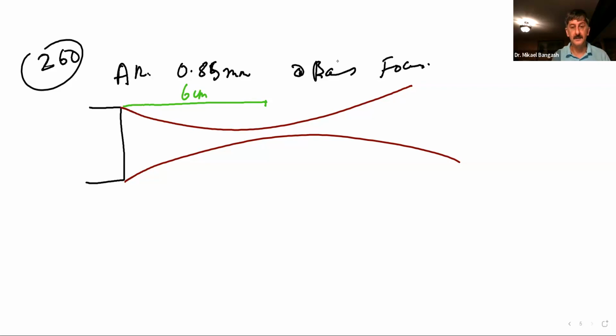They say that our axial resolution at this depth here is 0.85 millimeters.